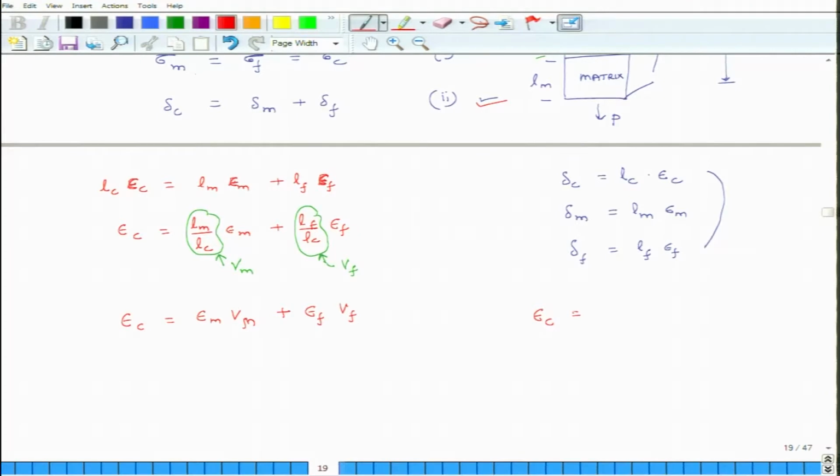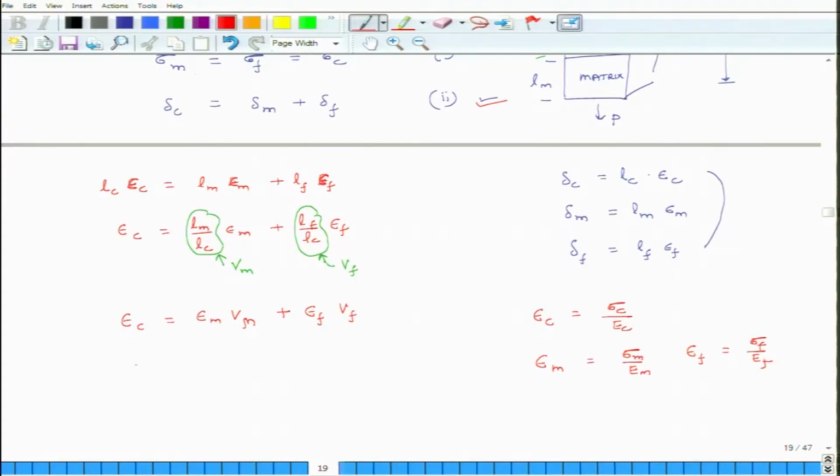Now, we know that the strain in the composite is the stress in the composite divided by Ec, epsilon m is the stress in the matrix divided by Em, and epsilon f is the stress in the fiber divided by Ef.